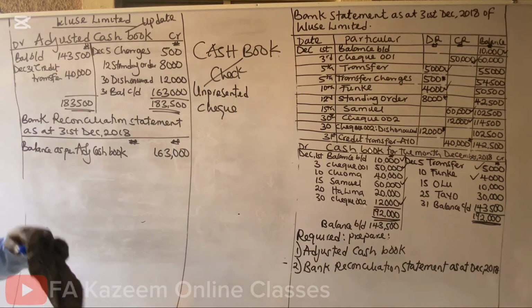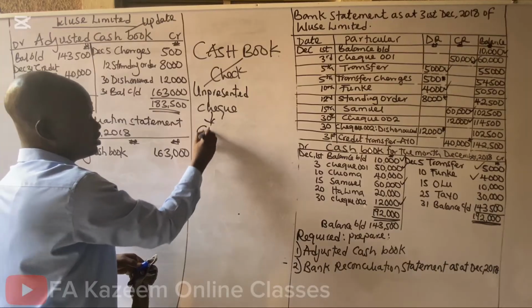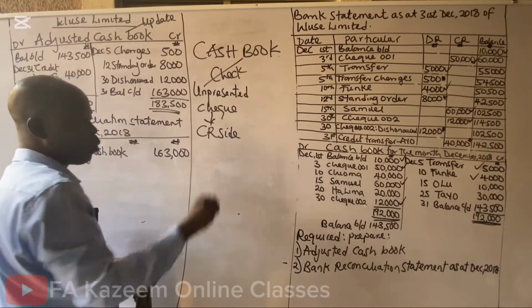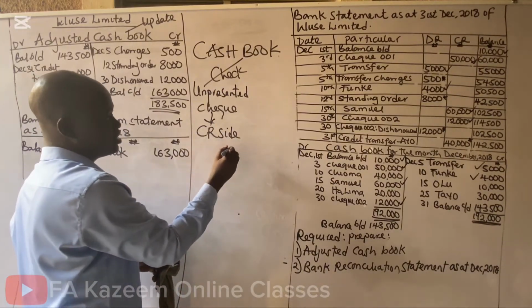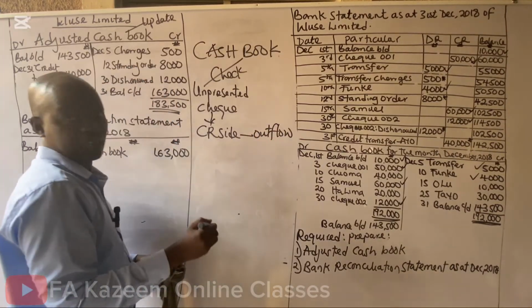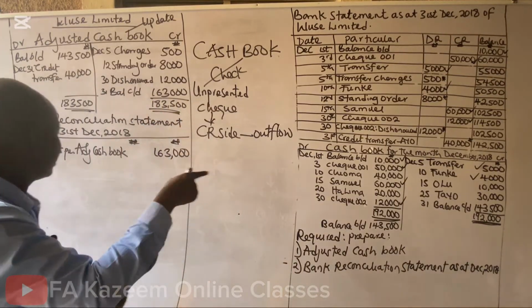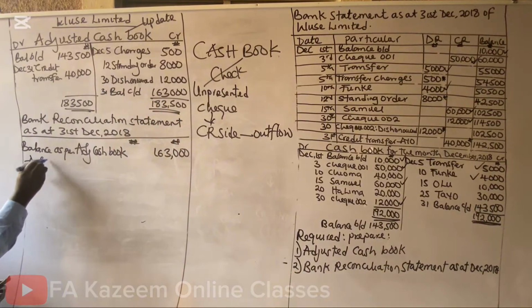Meaning, for you to do unpresented checks, you will check your cash book. What side are you checking? You will check your credit side. Why? The credit side is for outflow. How many checks were given out that were not presented to the bank? That's what we call unpresented checks.